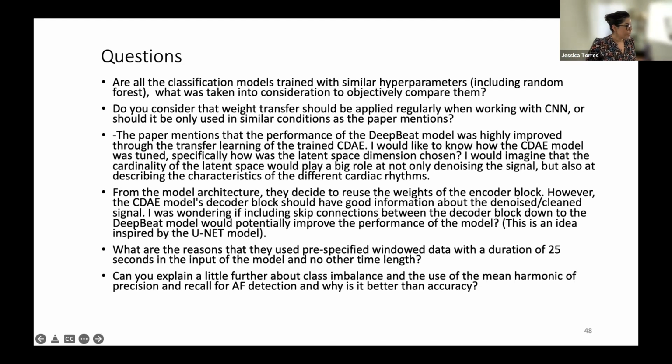Did you consider that weight transfer should be applied regularly when working with the CNN? Or should it be used only in similar conditions as the paper mentioned? So I think it's something that you have to test out. In our situation, it was extremely helpful. In most cases, if the data is somewhat similar, it will also be helpful. That's what, especially in the language models, the pre-trained BERTs that you can download and then fine-tune on your data, it tends to help learning significantly.